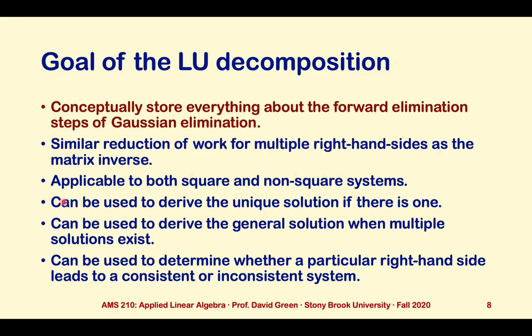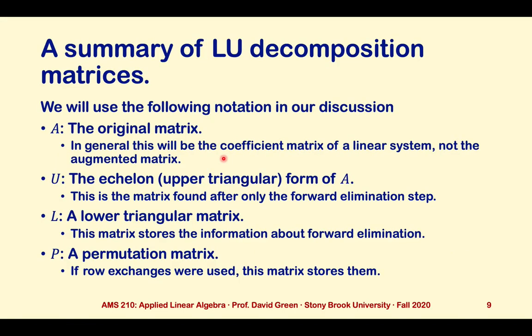It can be used to derive the unique solution if there is one, to derive the general solution when there are multiple solutions, and to determine whether a particular right-hand side leads to a consistent or inconsistent system. Essentially, it will let us do everything that we can do with Gaussian elimination, but more quickly for multiple right-hand sides.